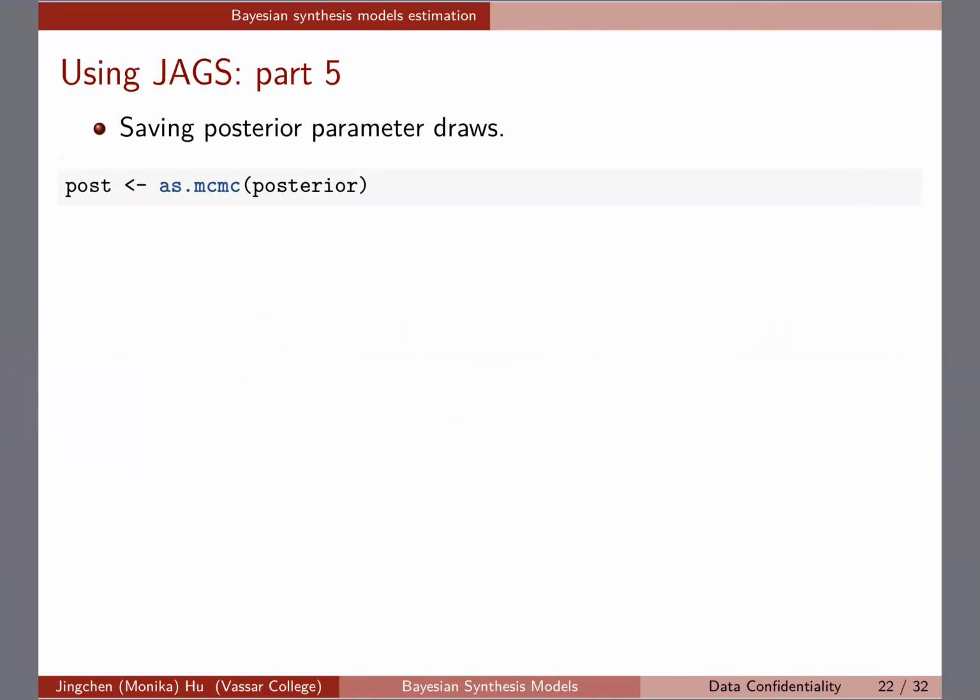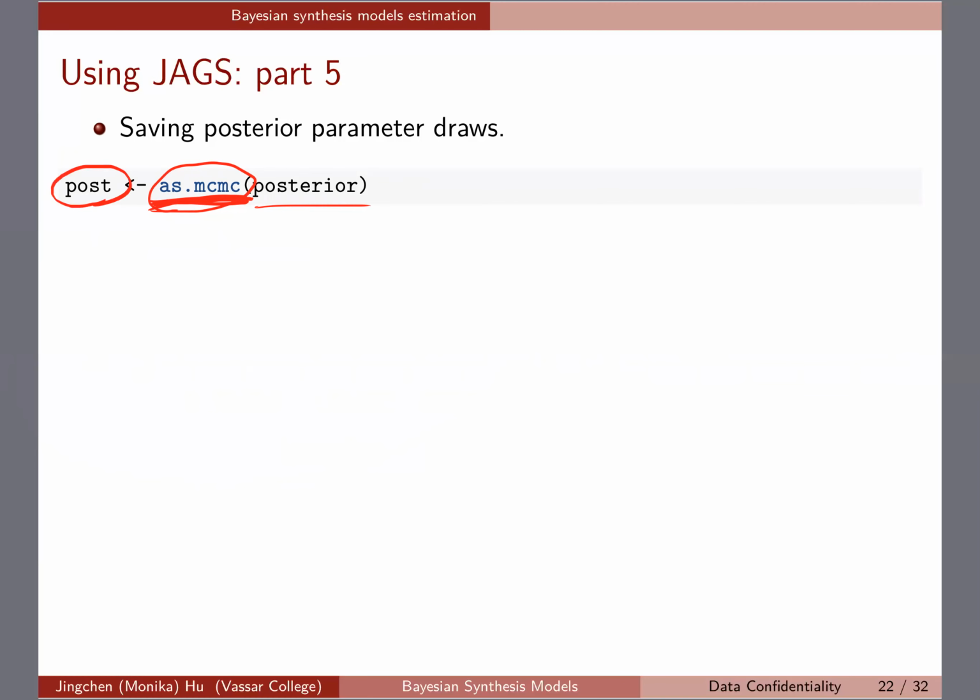And the last part here is saving the parameter draws. This is the part where you use the CODA package. So we typically use as.mcmc, and then posterior was the output, right? Posterior is the output of the run.jags function. So you turn that into an MCMC object. That's what as.mcmc means, and I'm saving it in post.